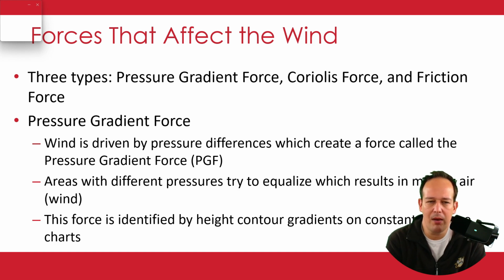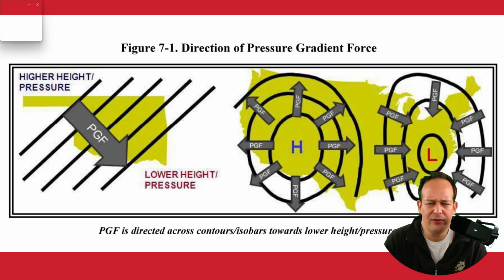So if you've seen my previous videos, I talked about how low pressure is a sucking force and high pressure is a pushing force. And so we identify the areas of different pressures with the isobars, or they might be called height contour gradients on constant pressure charts. And so here's an example of that.